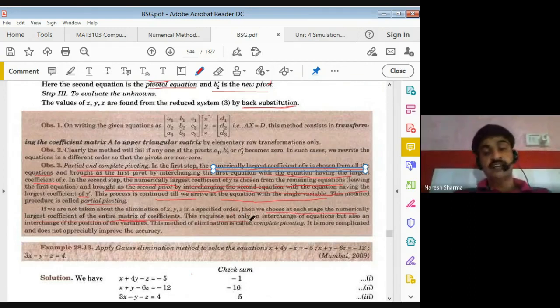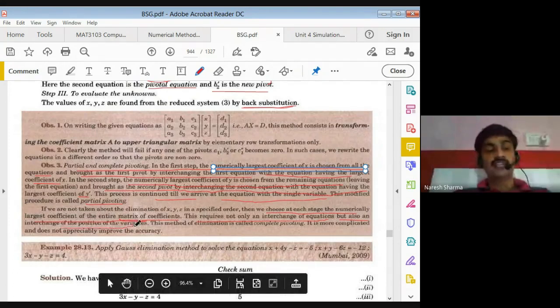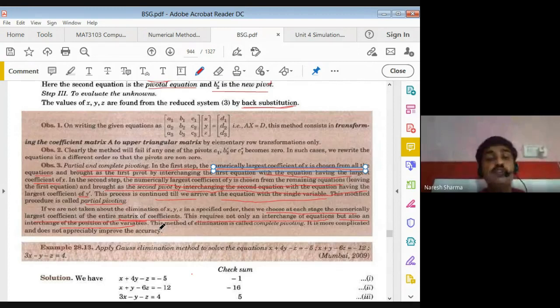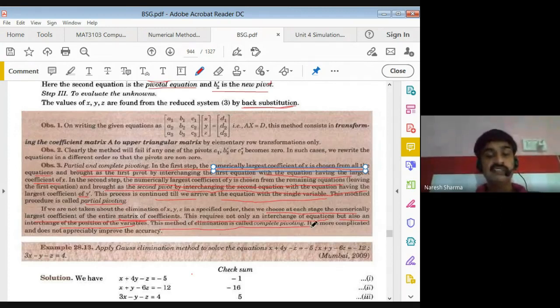And this requires not only interchange of equations, we also change the position of the variable, that means column wise also, right? We do not apply a column operation, we just change the position of your variables, right? So this method of elimination is called complete pivoting.